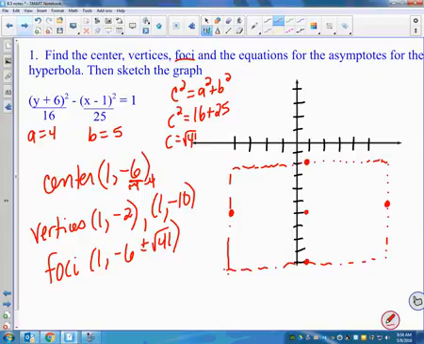Your asymptotes will always just be the diagonal of that rectangle. Or some people don't even make the rectangle, they just in their head go up and over and they just make the point there. Or down and back. And that's going to be an asymptote.